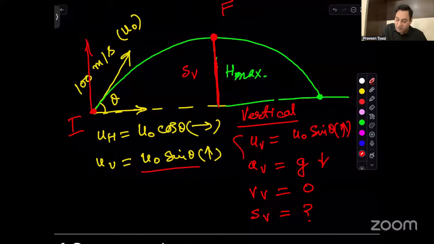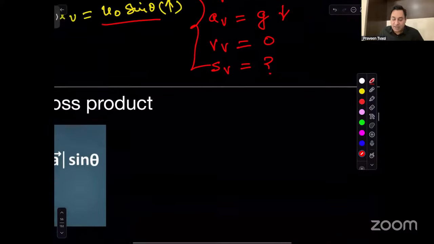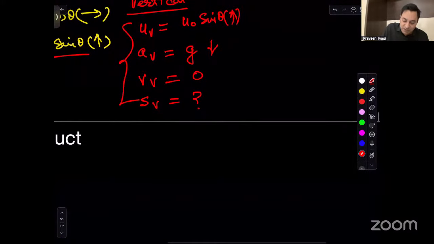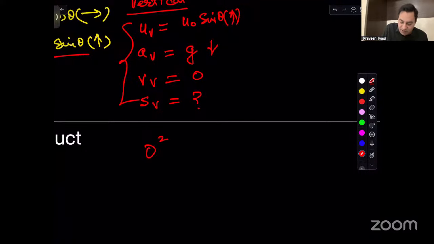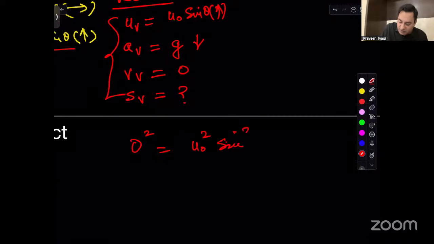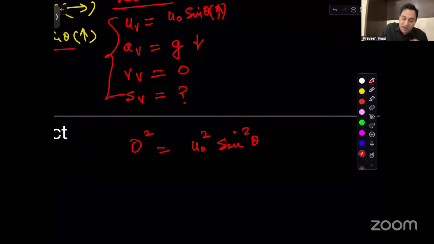Now, which equation should I use? V square is equal to u square plus 2as. And you will be able to get the answer. If I use this equation, v square is 0 square, is equal to u square sine square theta, minus 2gs. I am assuming upward to be positive, downward to be negative.